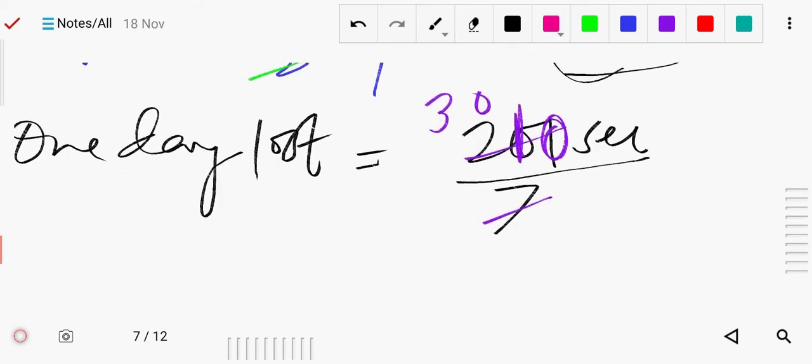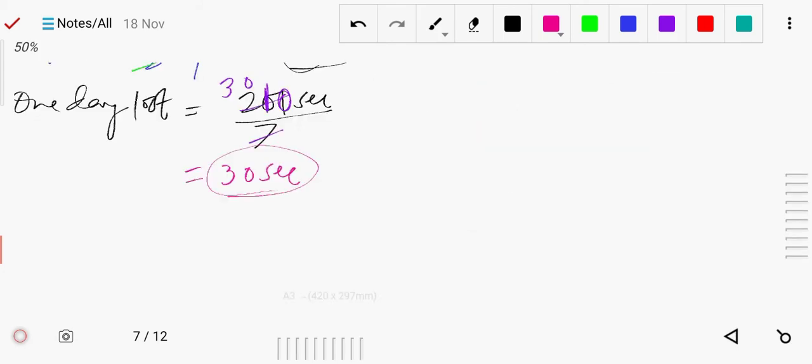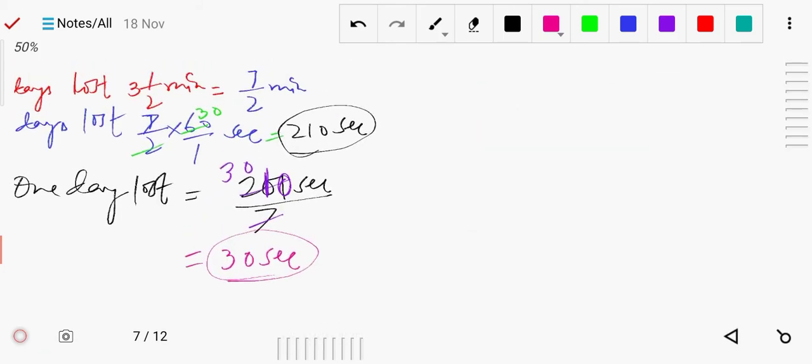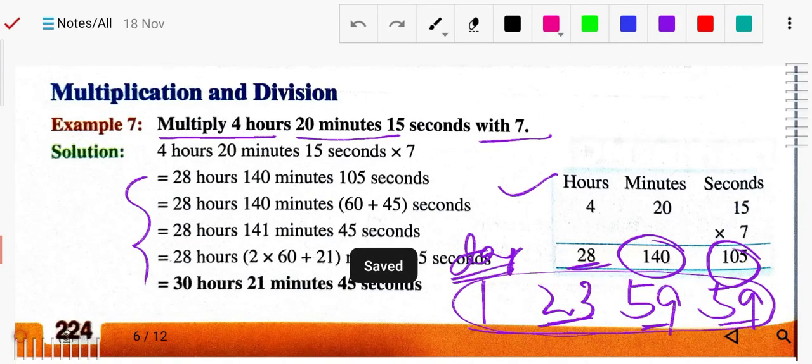So now we got here 30 seconds. So in one day it will lose 30 seconds. Okay, so simply in 7 days it is 3.5 minutes. So 7 by 2 we changed it, then again changed to seconds, then in one day we used the unitary method. So 210 divided by 7, so here is 30 seconds.